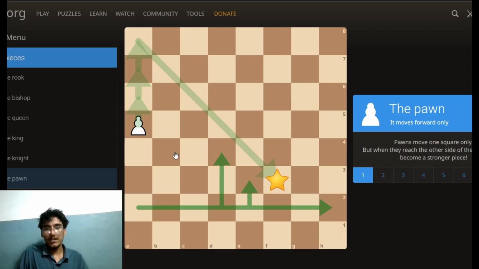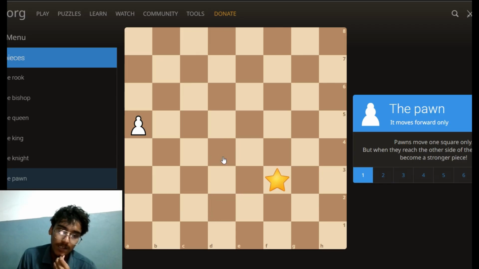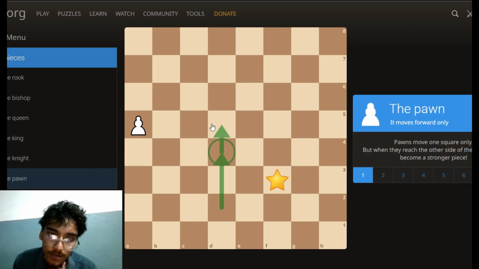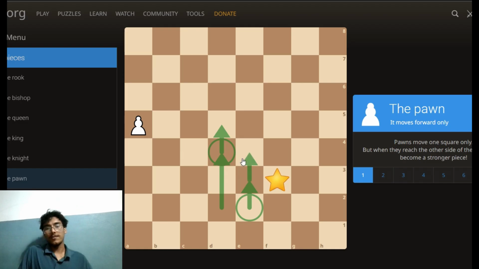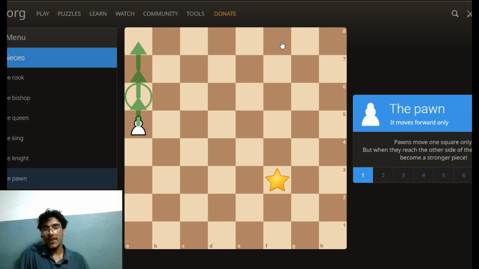But after the first move, it can only push one step. So if the pawn is here, it can move forward one step at a time like this, and after it reaches the final rank, it can promote into any other piece.